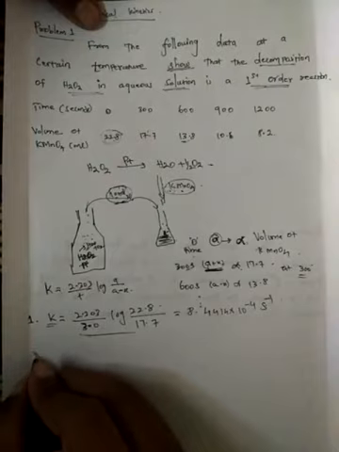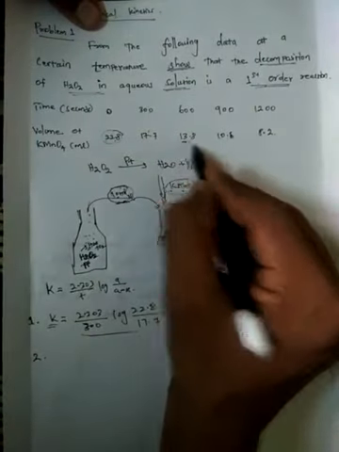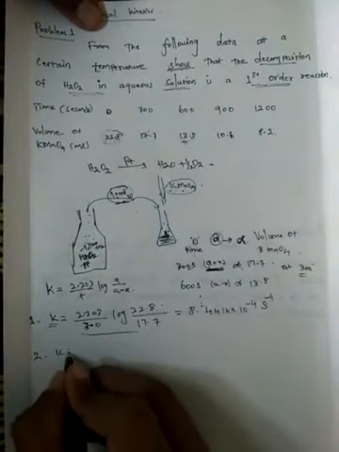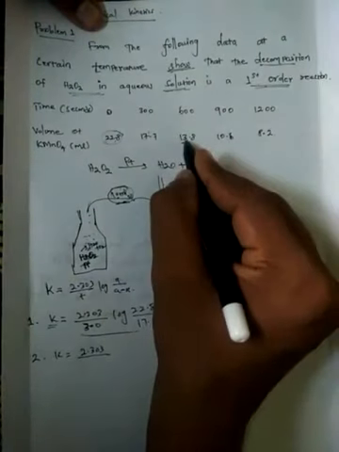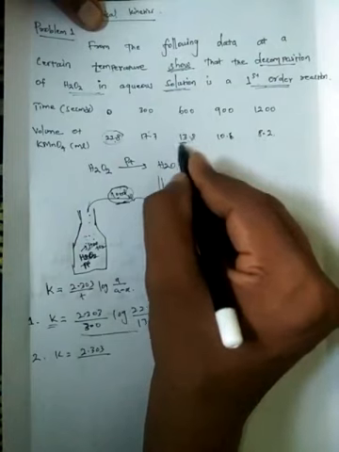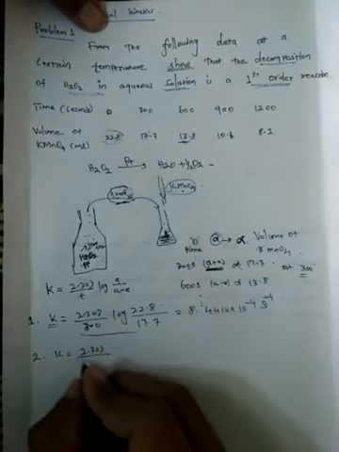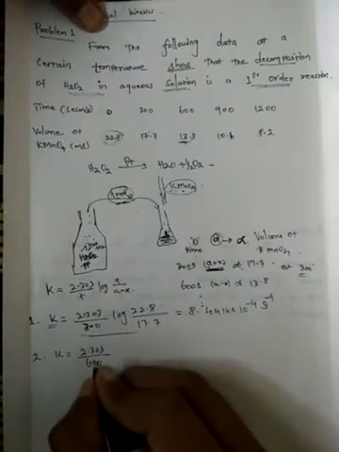Now I'm using the third data, again 2.303 divided by the time, 600 second.